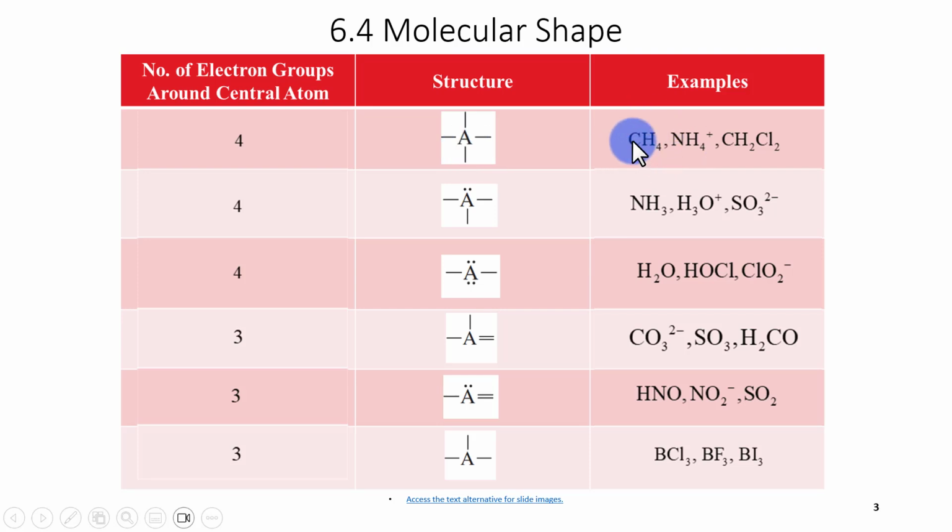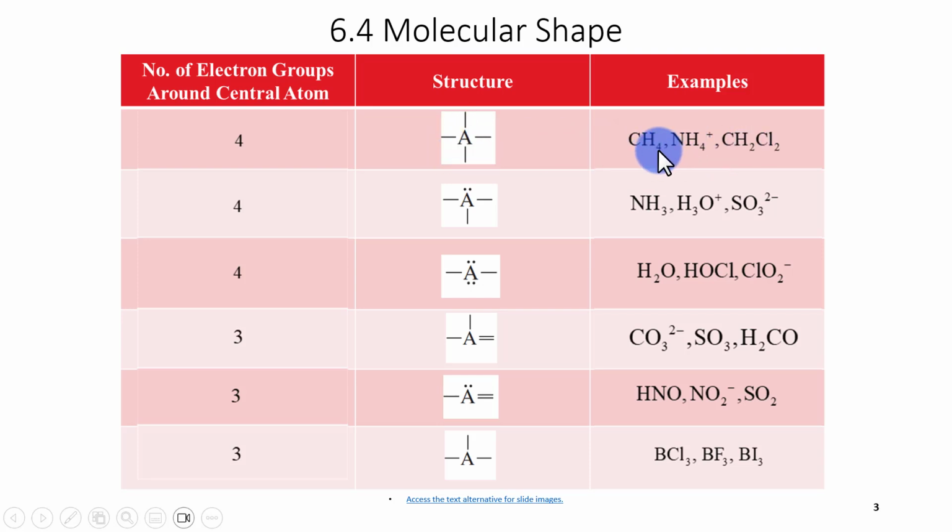CH4 has a carbon in the center with 4 hydrogens. NH4 plus, instead of the carbon, I have the nitrogen with 4 hydrogens around. CH2Cl2, I have a carbon bonded to 2 hydrogens and 2 chlorines, single bonded.